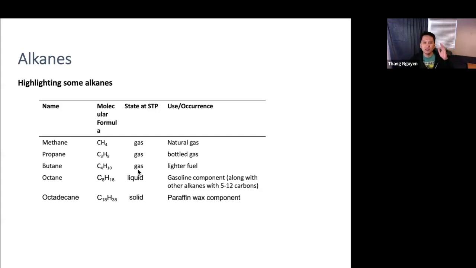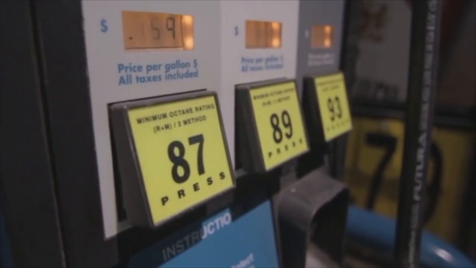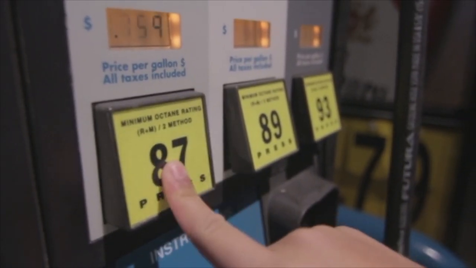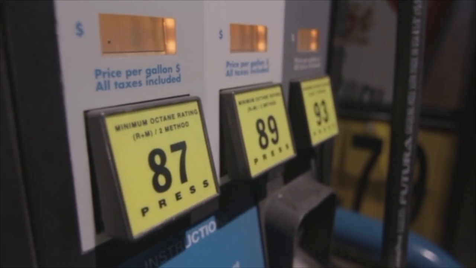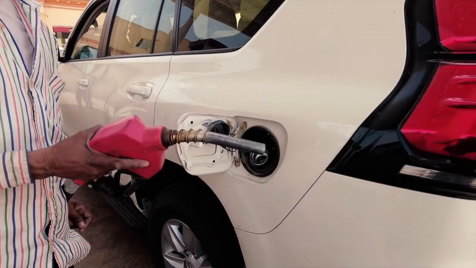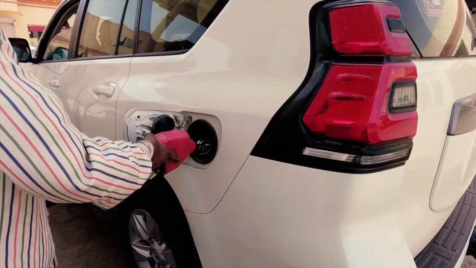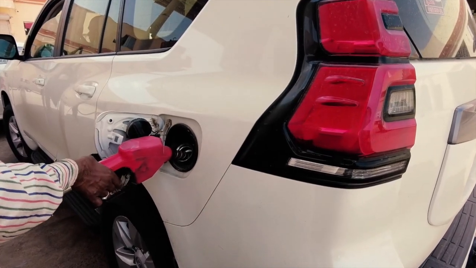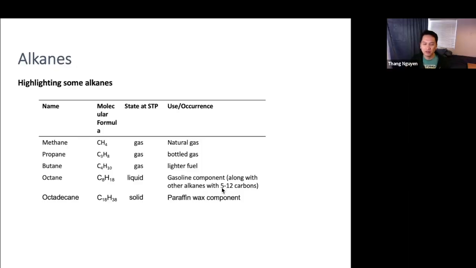Then once you move on beyond that, and particularly one example is octane, you become a liquid. Right? Octane, we know, is the gasoline component. And actually the gasoline component is a mixture of alkanes that are composed of 5 carbons to 12 carbons. So octane is one of them, which is 8 carbons, right? Okay.